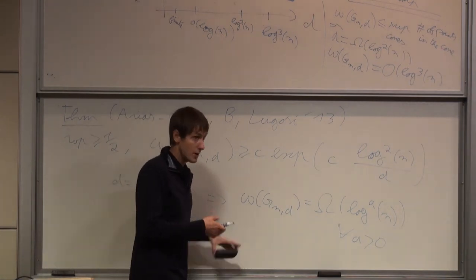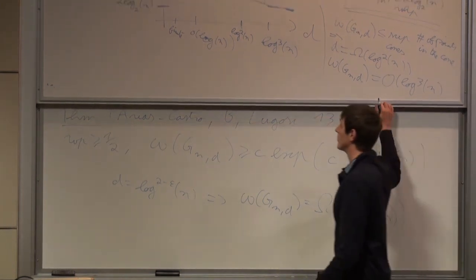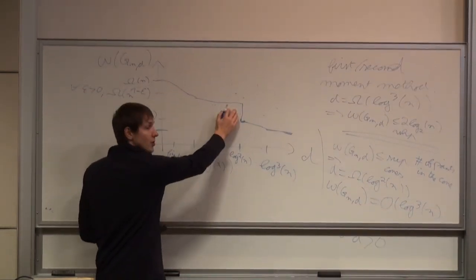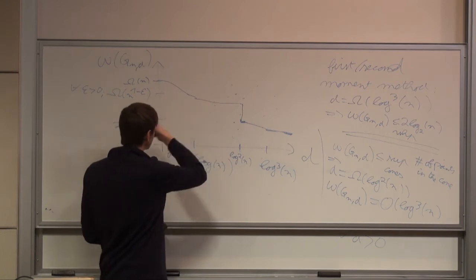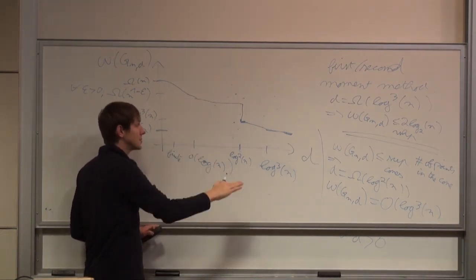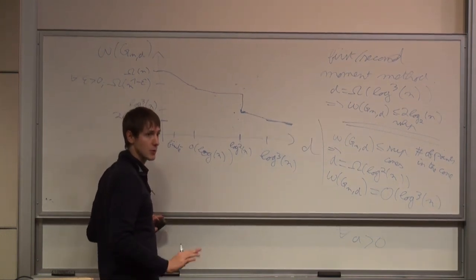Do you know anything about the tightness before the phase transition? No, we don't really know exactly what is going on here. It's moving from polynomial to maybe something less than polynomial, but we don't know what's going on exactly. We don't have precise bounds.